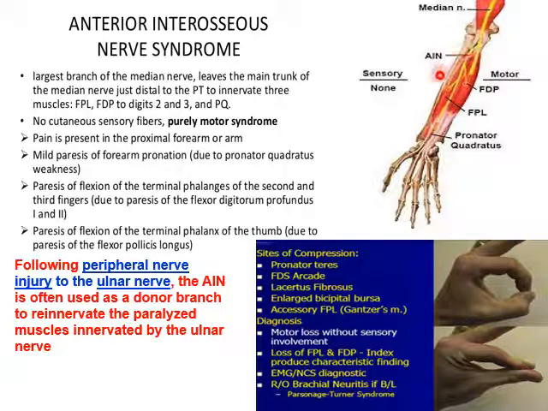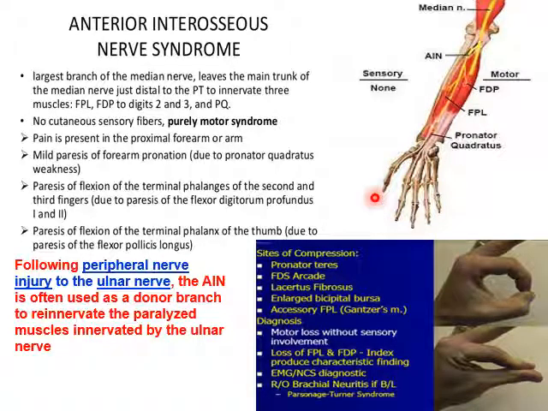So the pain is felt in the proximal forearm, and there is mild paresis of forearm pronation because the pronator teres is intact. There is paresis of the flexion of the terminal phalanges of the second and third digits, because the radial half of the flexor digitorum profundus loses its function, which sends its tendons to the index and middle fingers.